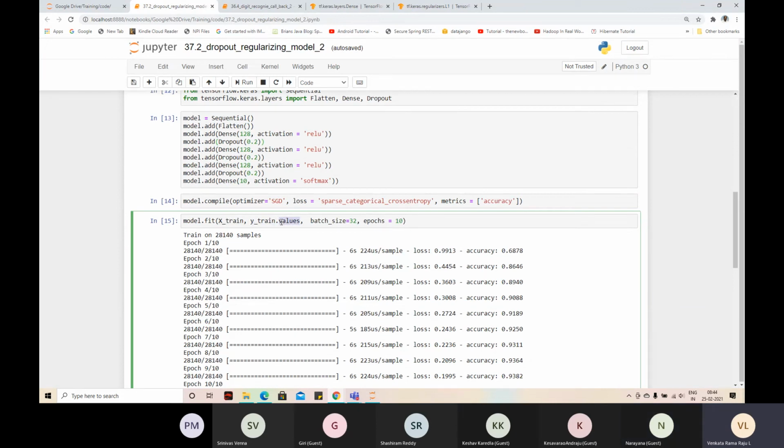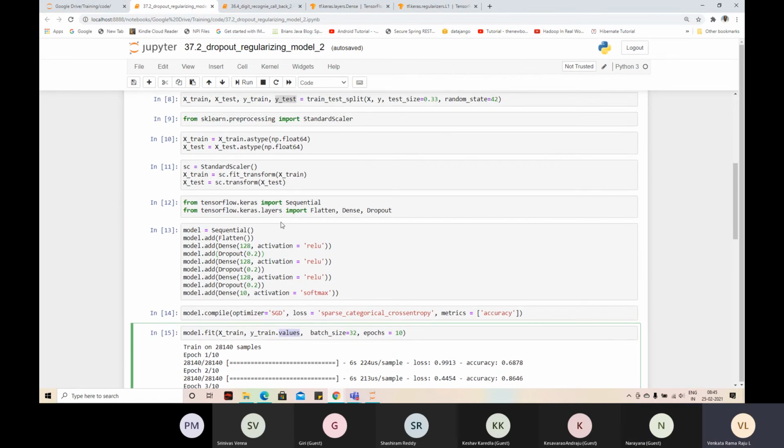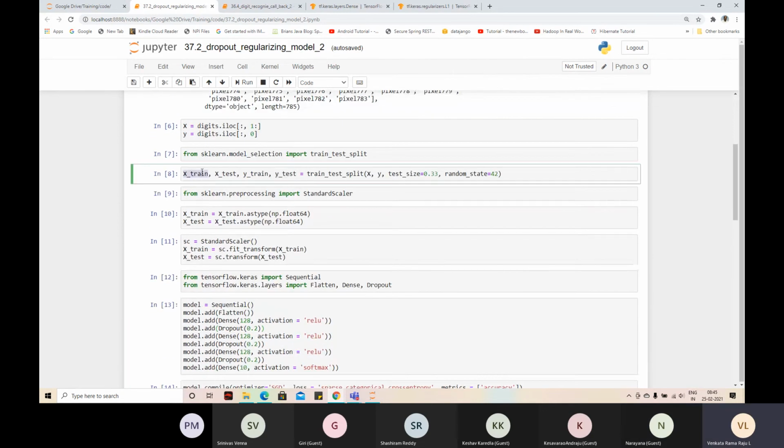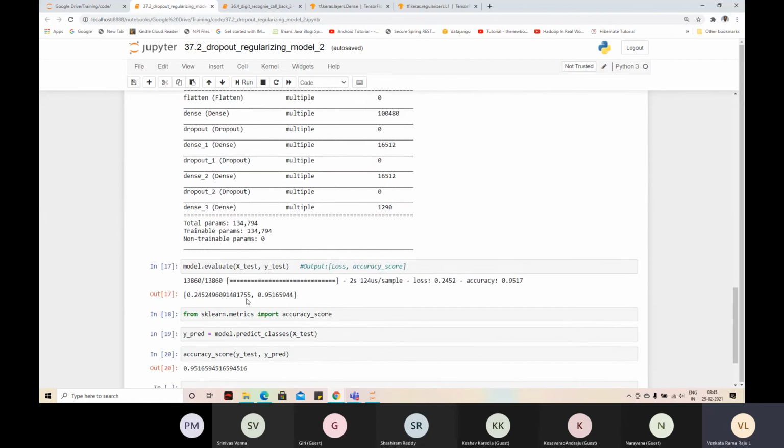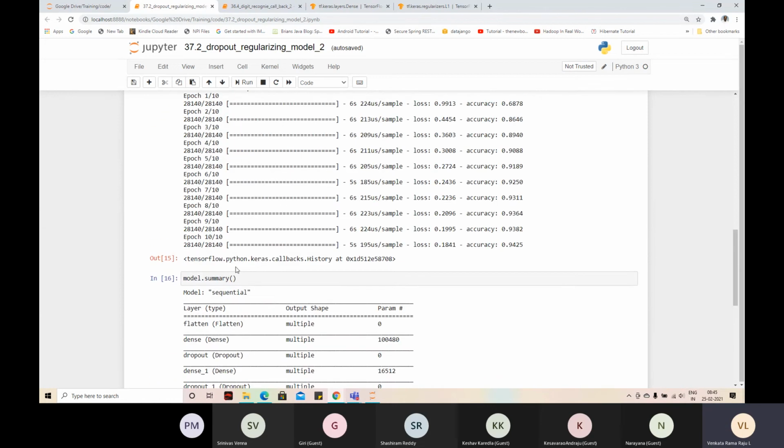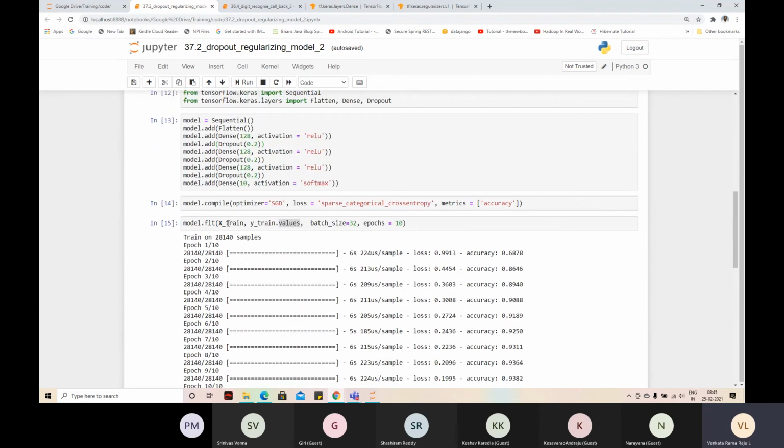You check it out. Maybe it throws some error. That's where I kept dot values. I think it should be a NumPy array only. I think this is a data frame. Maybe this is a series object. Okay, so maybe in the previous version it would have taken a data frame as input. Here also a data frame it would have taken. This is a data frame, but this is a series object maybe.